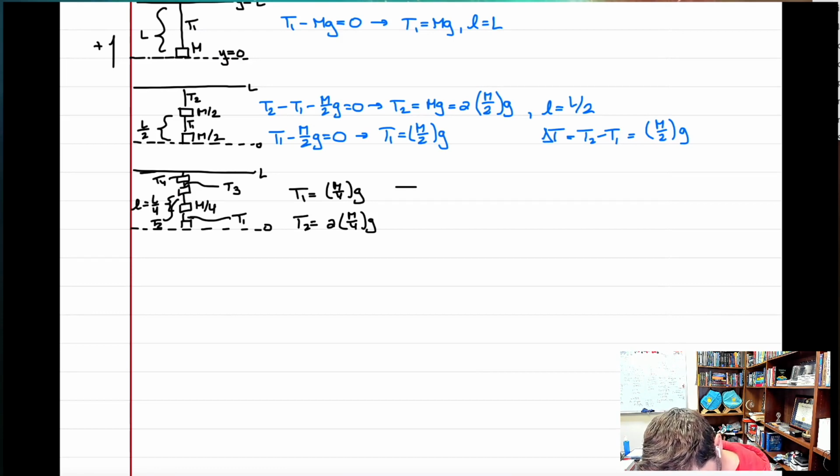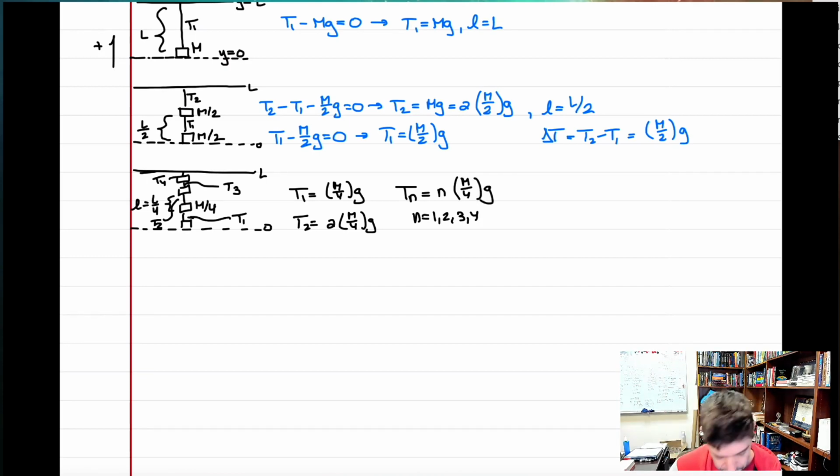So I'll say in general in this case, for T sub n, where n is 1, 2, 3, or 4, it is little n times big M over 4 times g. Along with the length of each individual piece of string is L divided by 4.